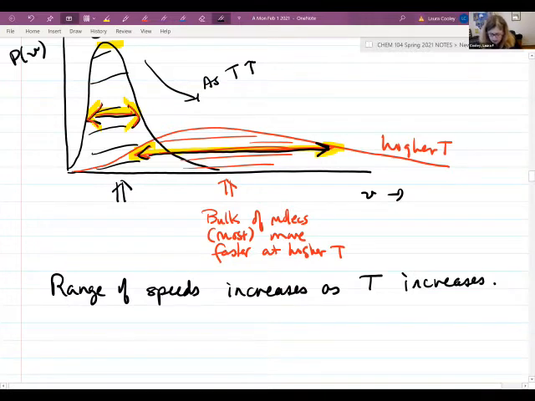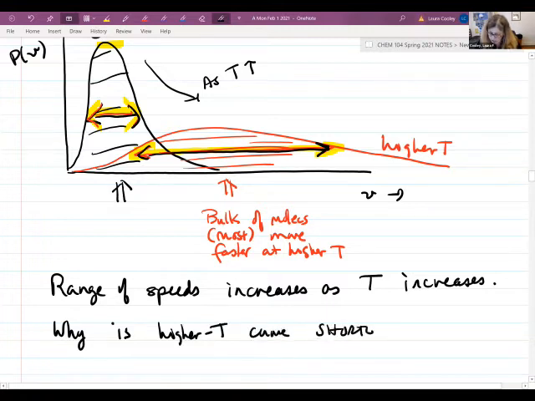So anyway, let me ask you this question. Why is the higher temperature curve shorter? What is the reason for that? What do you think?